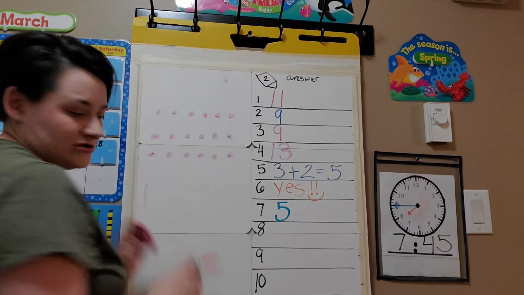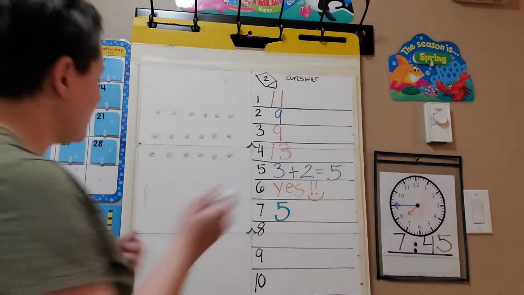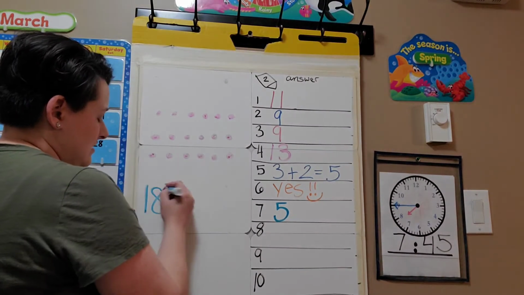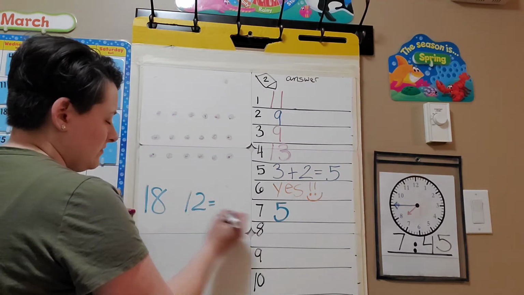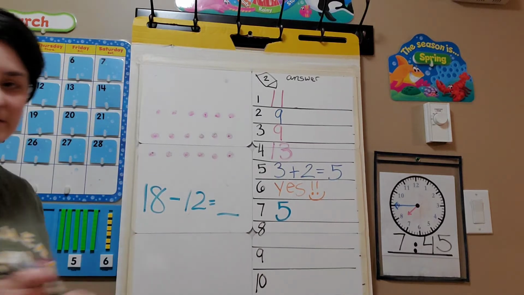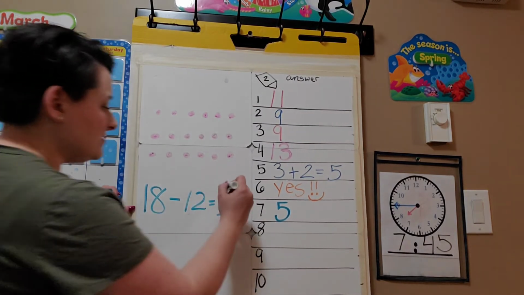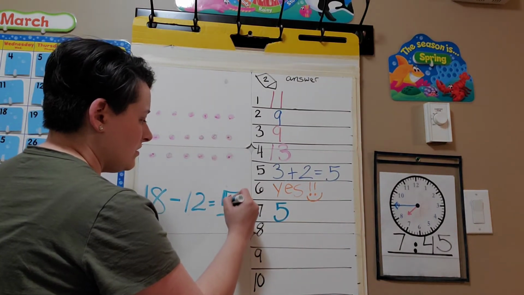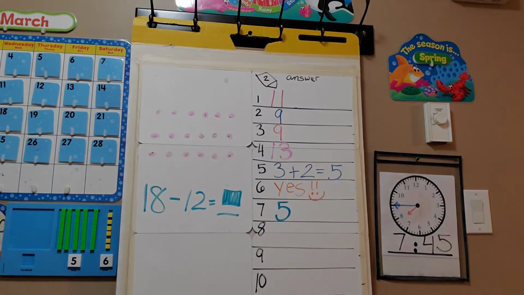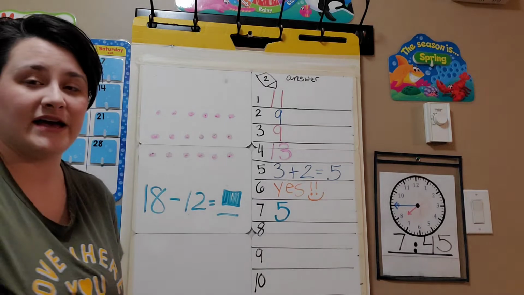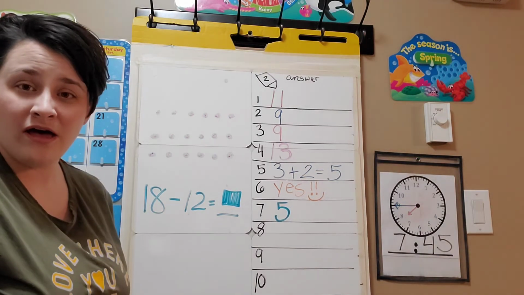Ooh, my markers are starting to dry out. 18. And we use up 12. We are subtracting. We don't know this. 18 minus 12. You can think of the box as the unknown.